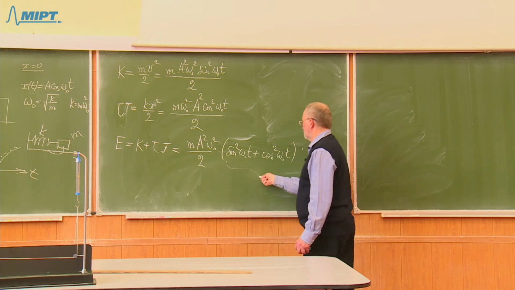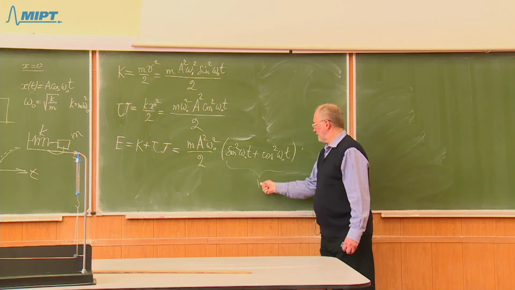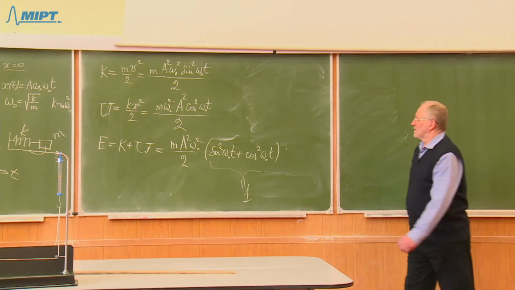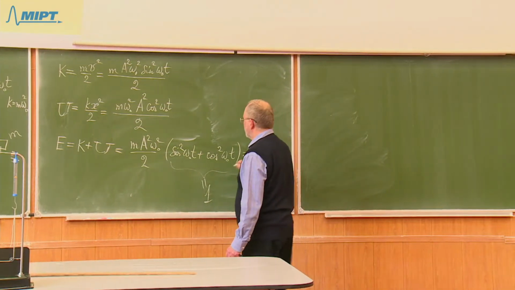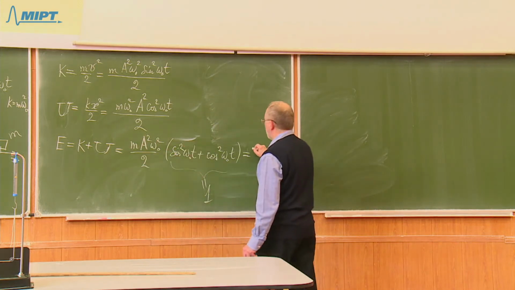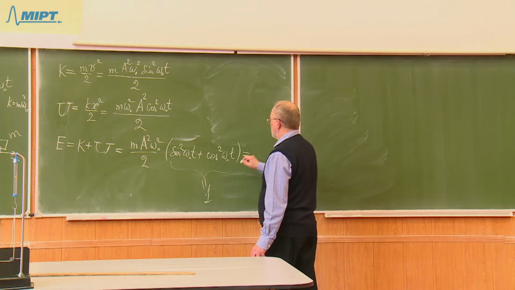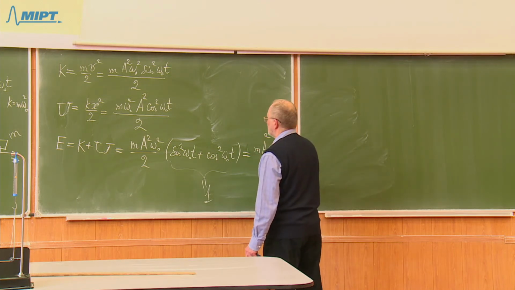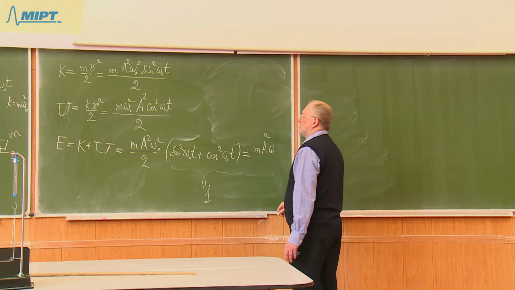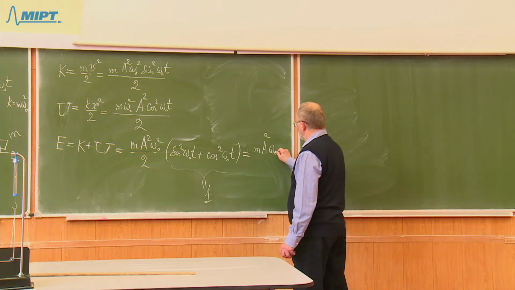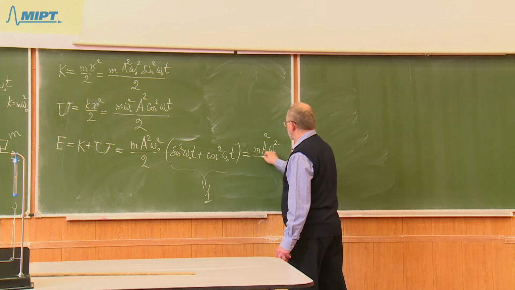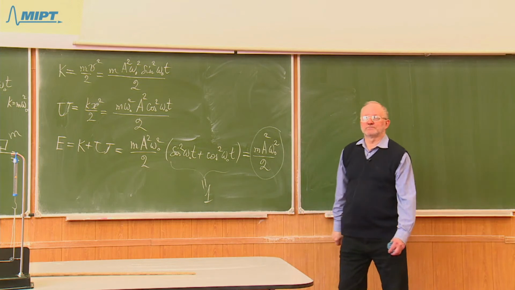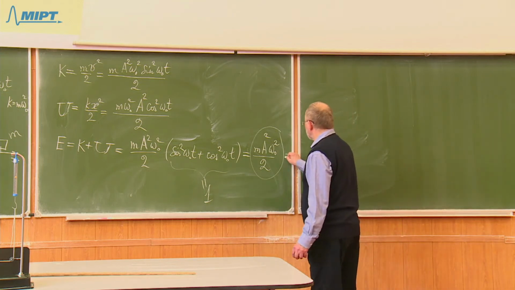What is this? This is always equal to unit. So that the total energy of vibrational motion will be given as m amplitude squared vibration frequency omega 0 squared over 2.